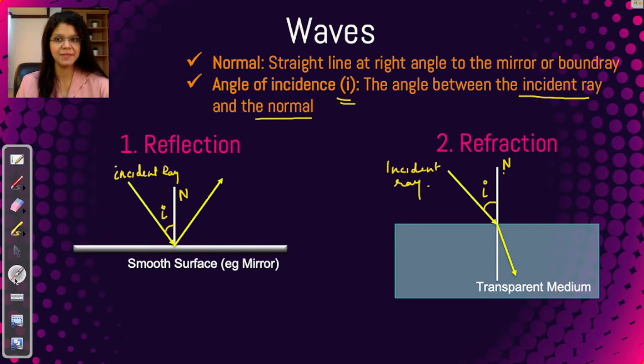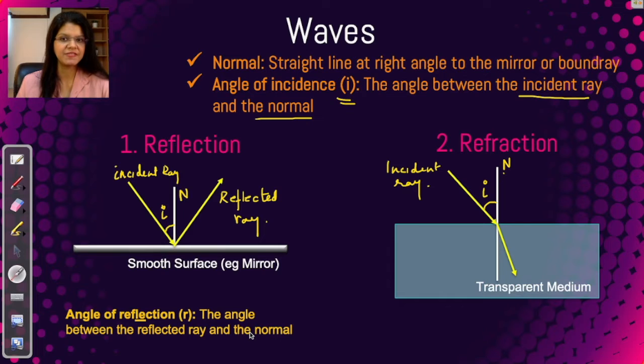Reflection is happening. Let us focus on the reflection part of the screen. You have created a reflected ray. Let me write the name of the ray. It is your reflected ray. And how do you draw the reflected ray?